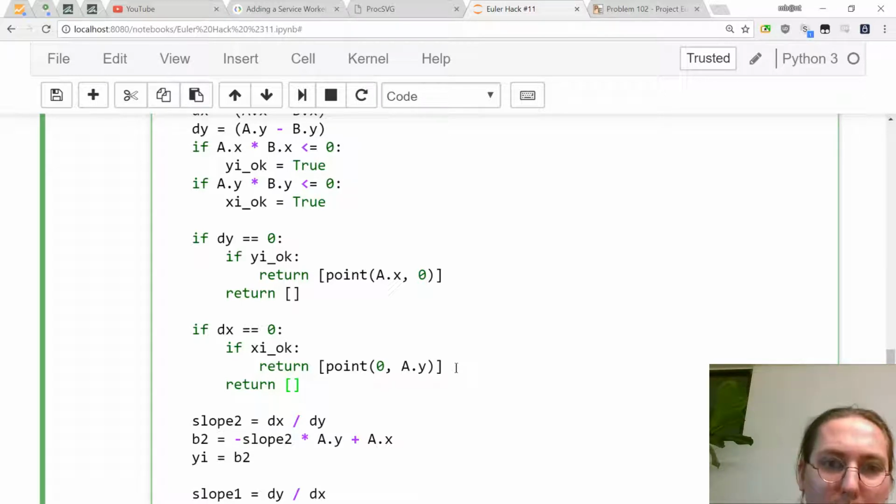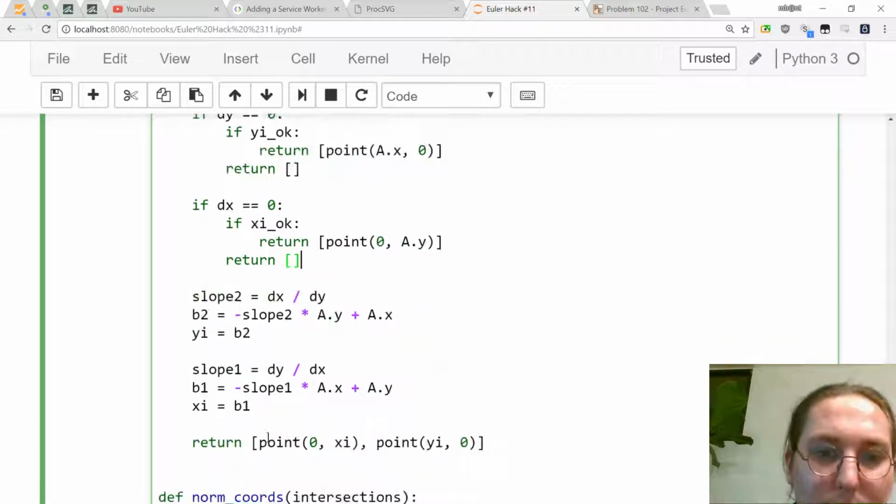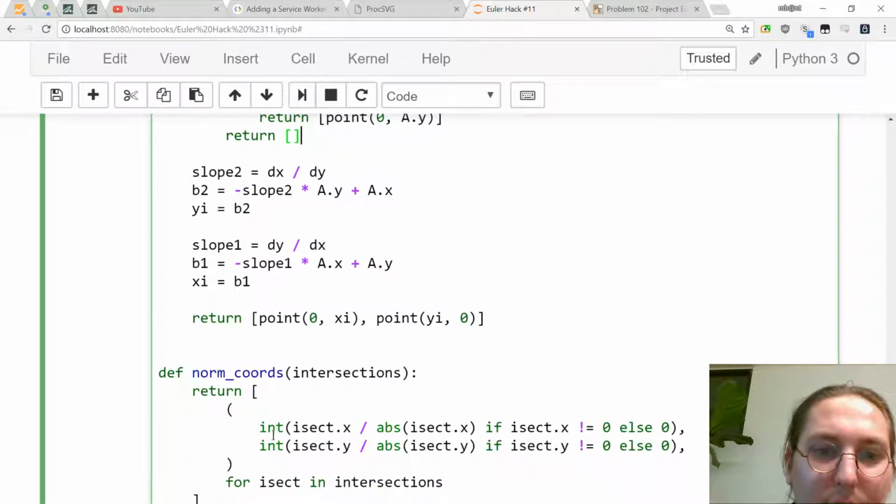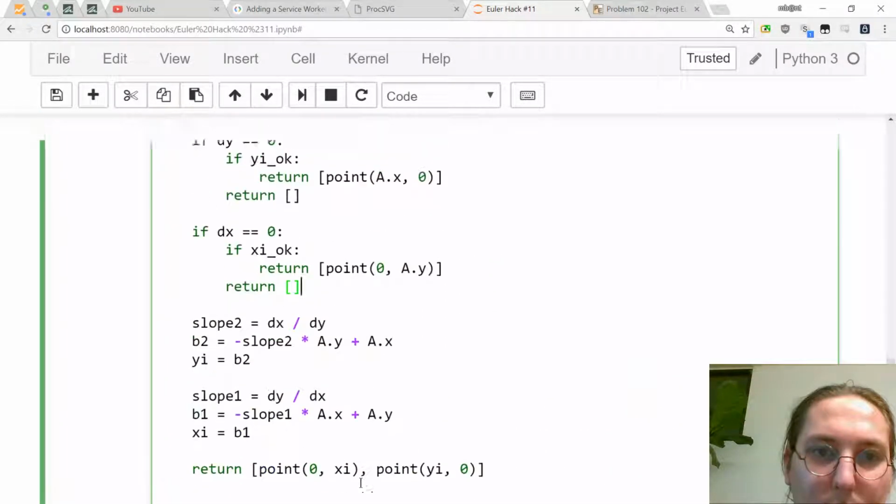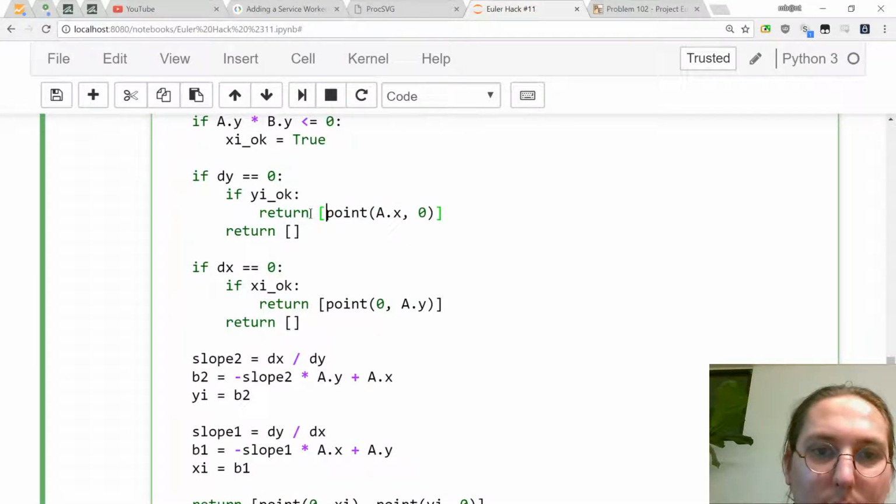Okay, so if xi is okay, I take this one, and now I need to. I'm very tempted to use a generator. Does everybody feel comfortable with generators?